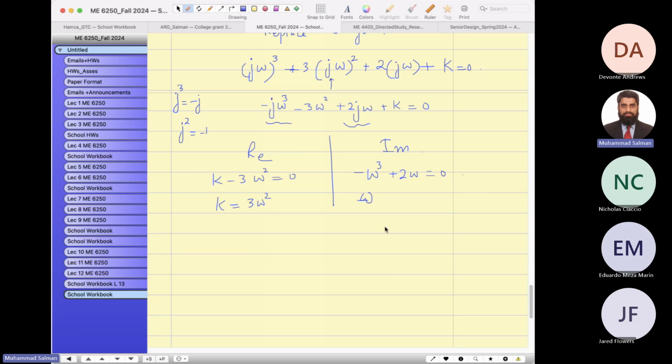Let me write down here, omega squared plus minus 2. Now you can plug it in over here. Shouldn't there be three roots for omega?